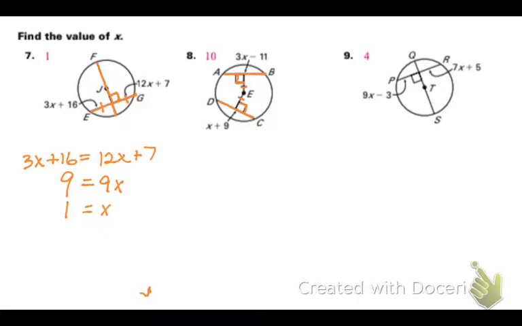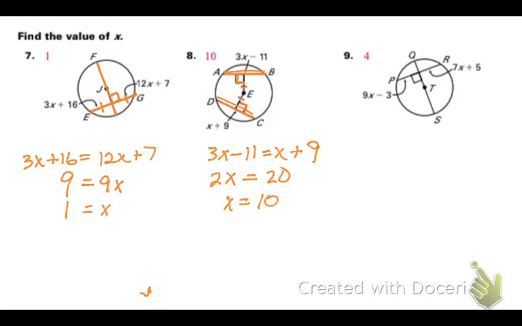So that means that these two chords have to be equal. And we have 3x minus 11 equals x plus 9. 3x minus x is 2x equals, add 11 to both sides, 11 and 9 is 20. x is equal to 10.